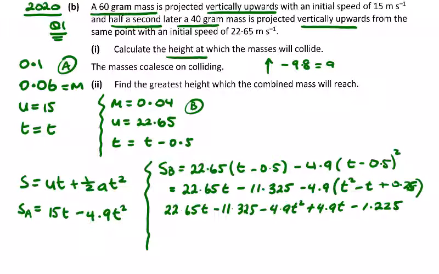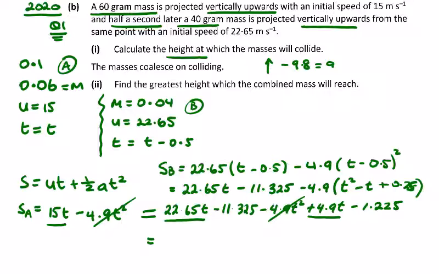So we're going to have to let these equal each other. Rather than writing them out again, we've lined them up. We can say these are equal to each other, the displacements, this is when they're going to collide. We can cancel our 4.9t squared, and how many t's have I got? This one, and this one, minus this one.